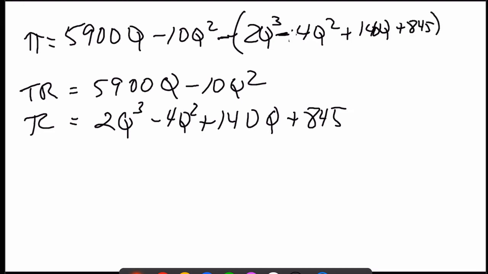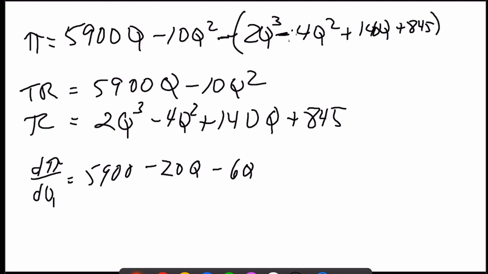Okay? Yeah? So now I take the first derivative of that with respect to q. I get 5,900 minus 20q, right? Minus 6q squared plus 8q minus 140. Is that exciting?